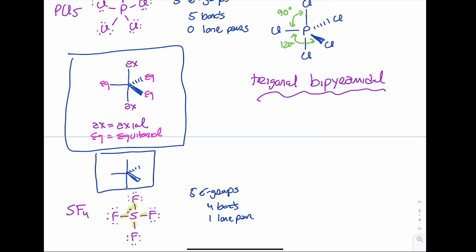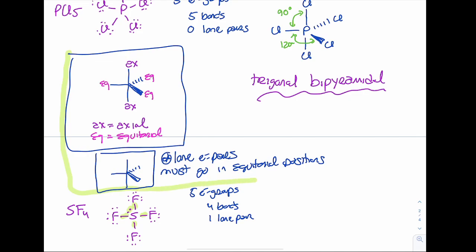So with our 5 electron groups, every time you replace a bond with a lone pair, it must go in an equatorial position. So lone pairs must go in equatorial positions. They have more room then. Remember, the whole basis of this theory, of our shape, is that our electron groups want to have as much room as possible.